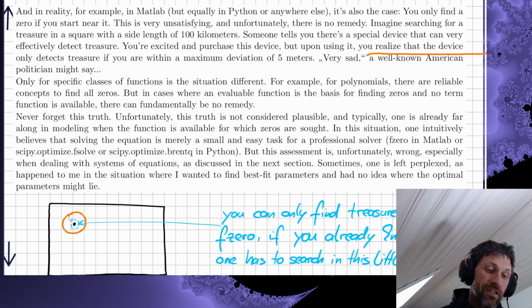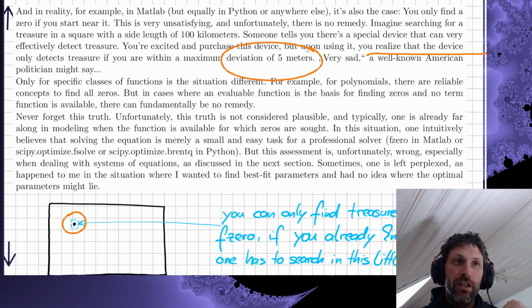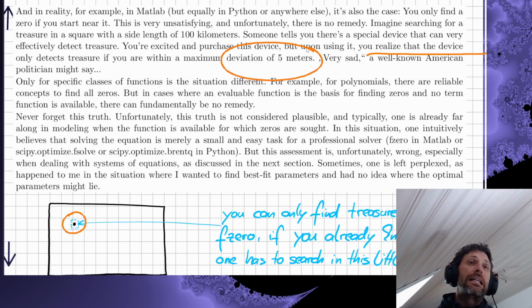Let's exaggerate that situation and say you need a deviation of at most 5 meters to find the treasure. So this device is worth a lot, if you are close in the range of 5 meters, then it will tell you, although it's hidden under the ground maybe.